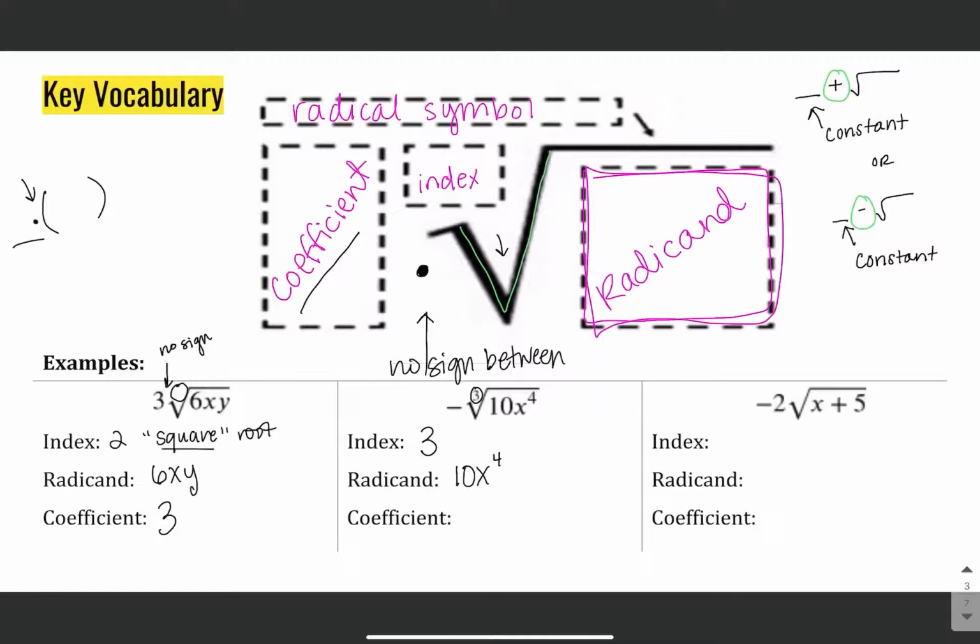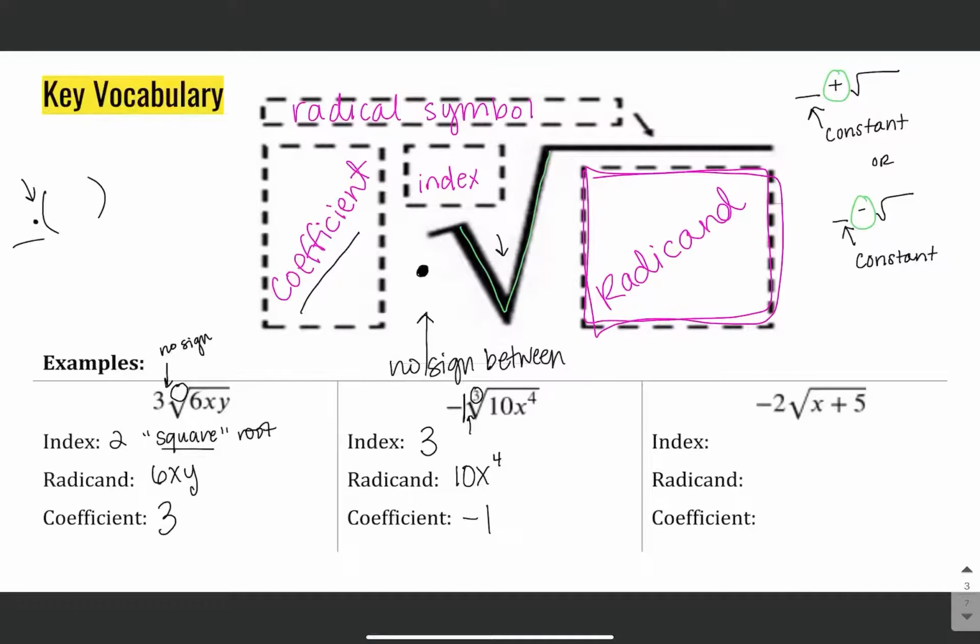Now careful here, what's your coefficient? Our coefficient is a -1. And technically that -1 is being multiplied with the radical because there's no sign in between. There is a sign with the 1, but there's not a sign between the 1 and the radical. And that's the difference. So our coefficient here is a -1.